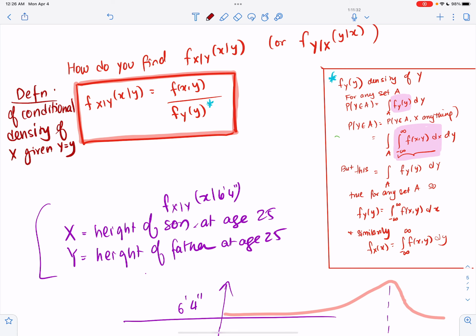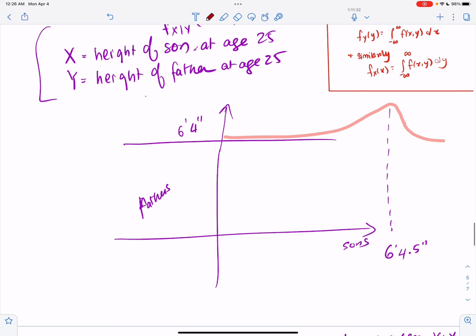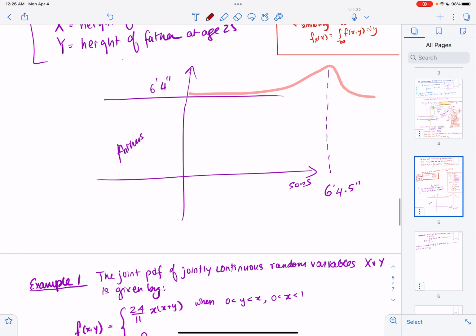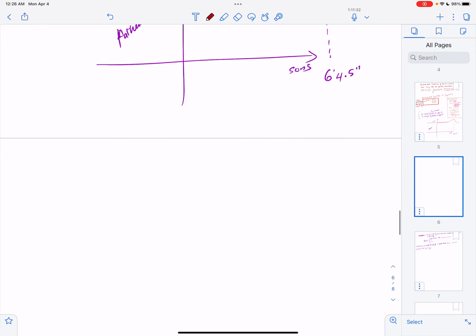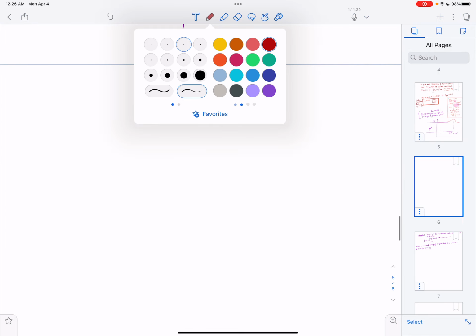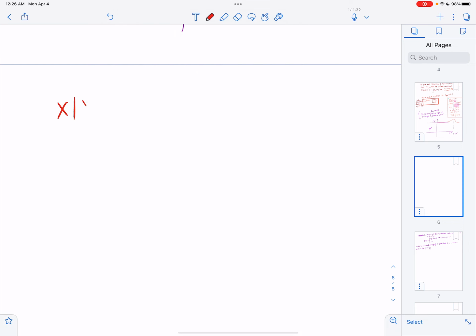That is a definition. Before we move on to an example, I do want to quickly talk about the CDF of this random variable. You have the random variable x given y equals y. It's not two random variables, it's one random variable.